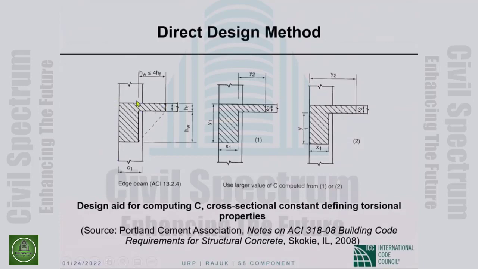Remember, part of the slab becomes part of the beam. You will divide the beam section up. You can do it only two different ways. This rectangle goes up to here and then that rectangle, or this rectangle comes all the way and then this rectangle. You can divide it both ways, and whichever way you get the larger C is what you use.